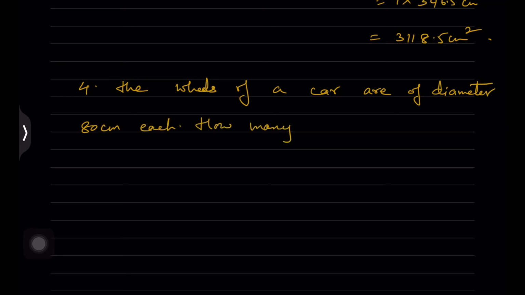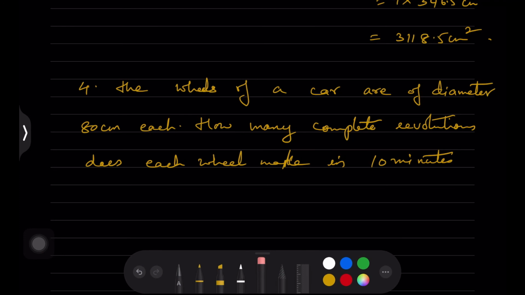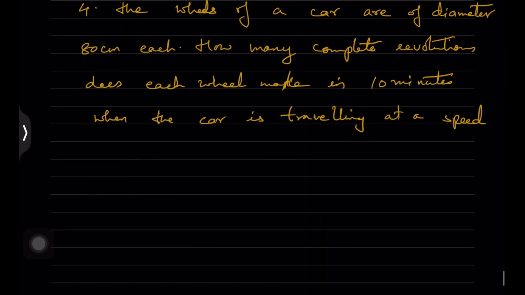How many complete revolutions does each wheel make in 10 minutes when the car is traveling at a speed of 66 kilometers per hour.